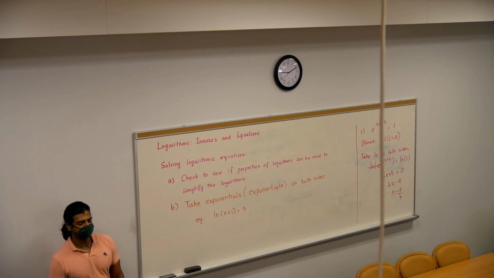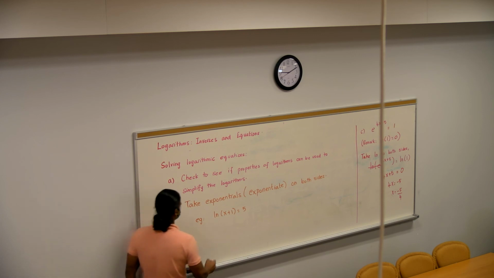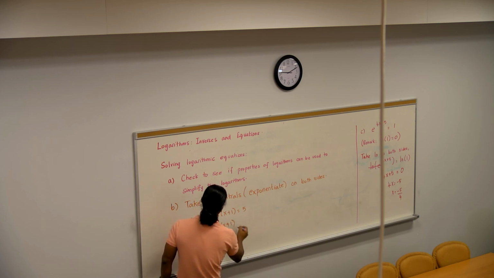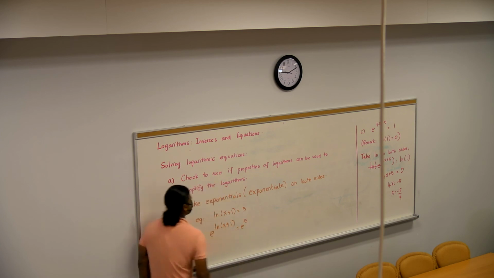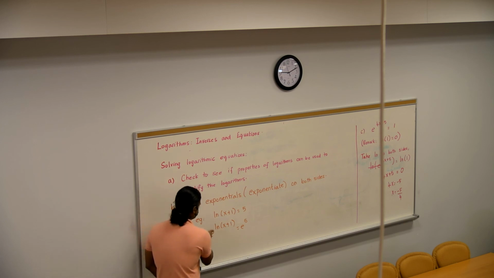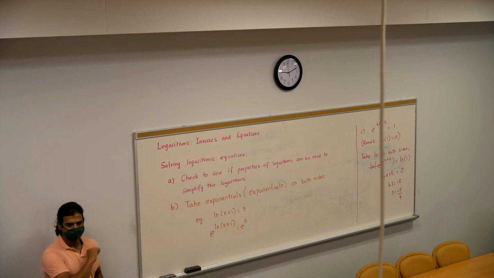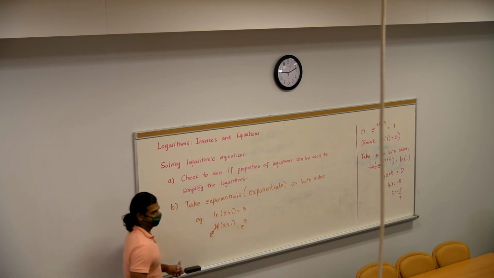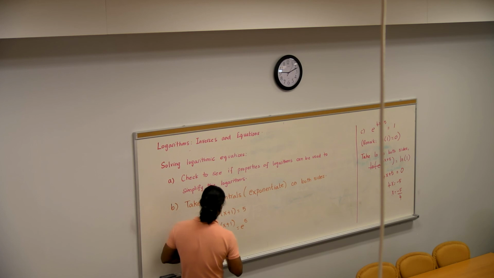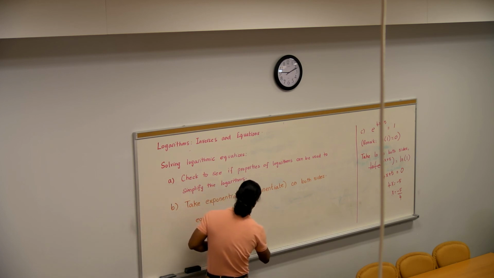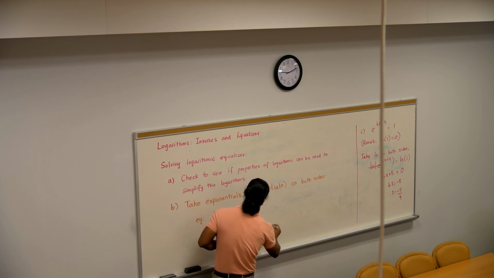All I have to do is exponentiate on both sides. e raised to ln of x plus 1 would equal e raised to 5. What happens to the e and the ln? They get cancelled. We will have x plus 1 equals e raised to 5, which would imply x is e raised to 5 minus 1.